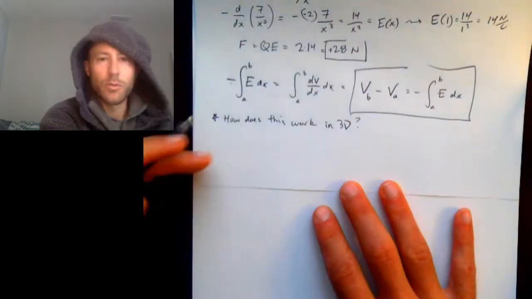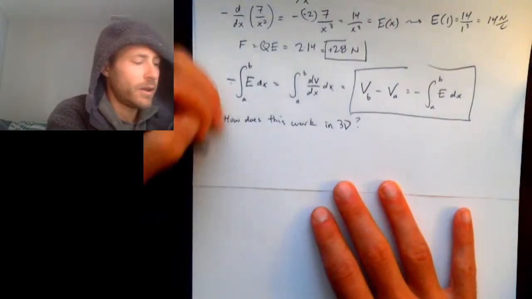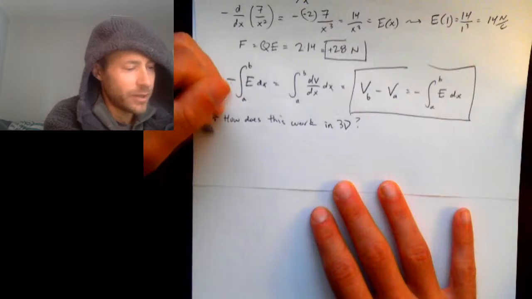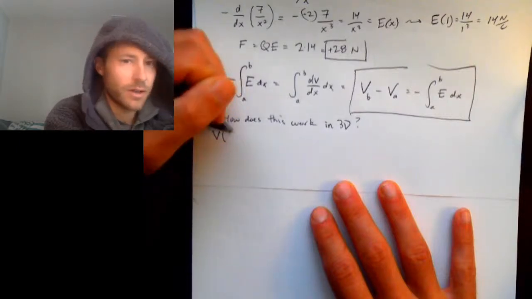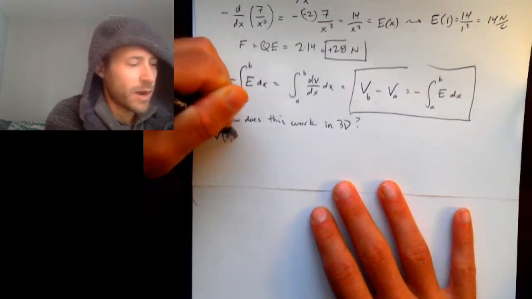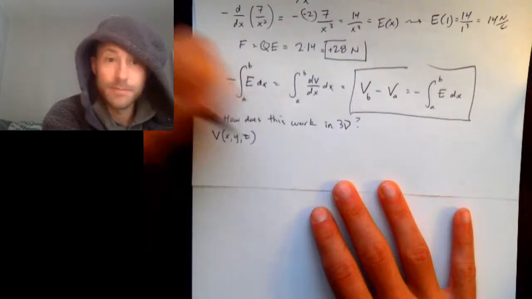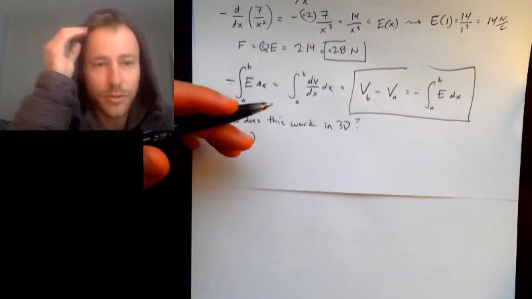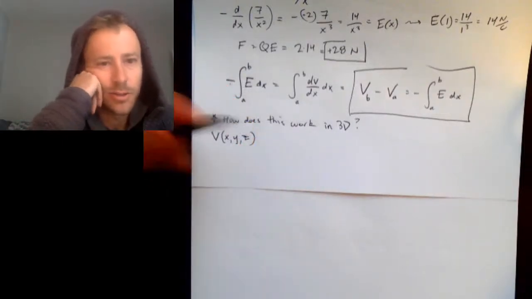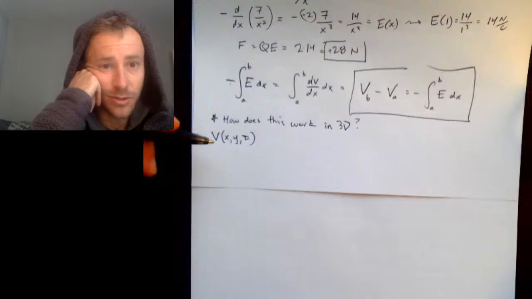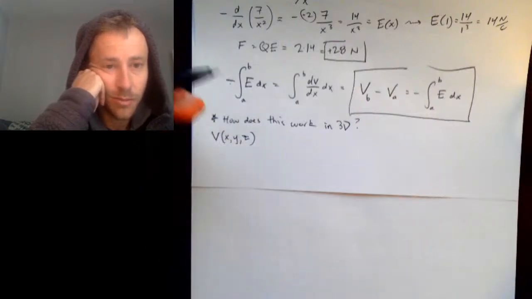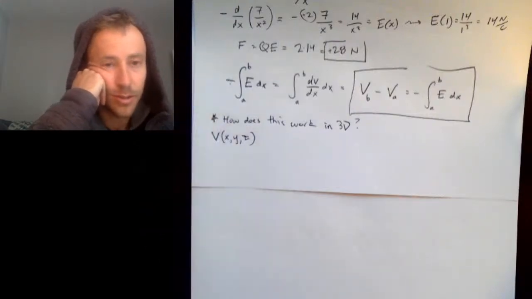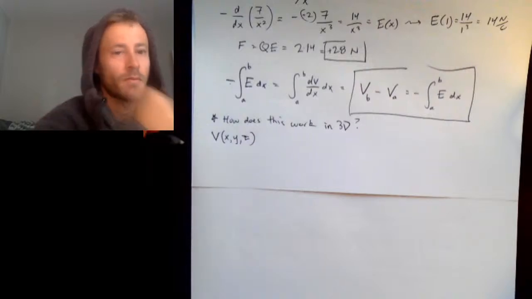Okay, so what if I had a potential that is a function of x, y, and z? It's a function because the real world is 3-dimensional. So the electric potential also depends on 3 variables. It could actually depend on 4. It can depend on time as well.